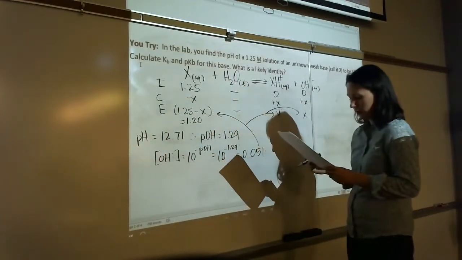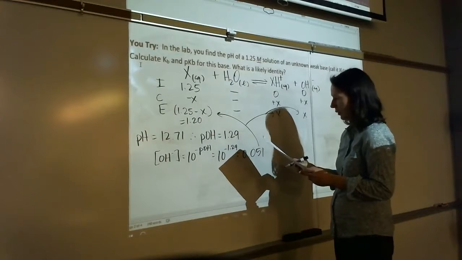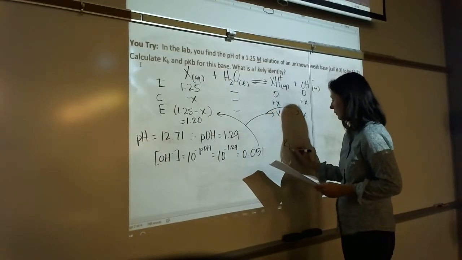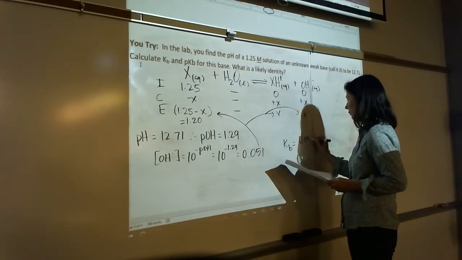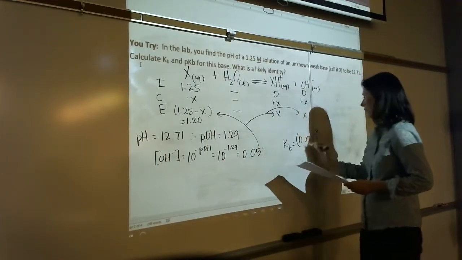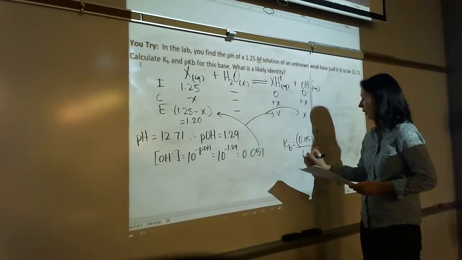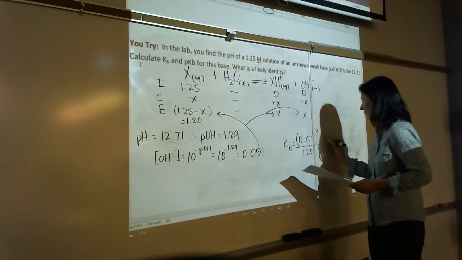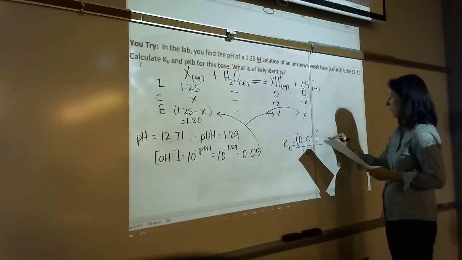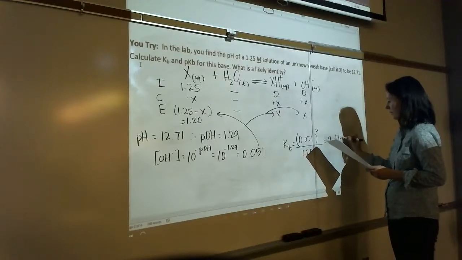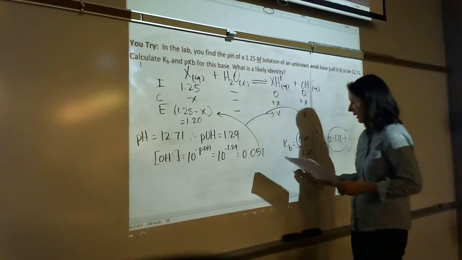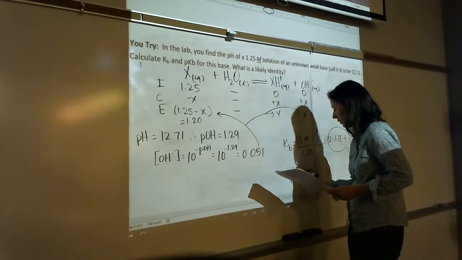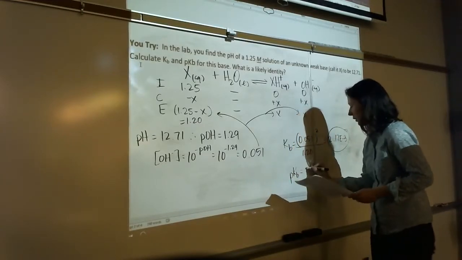And so when we then do our KB calculation, KB is 0.051 squared over 1.20. So I got 2.17 times 10 to the negative third. And so pKB, I got 2.66.